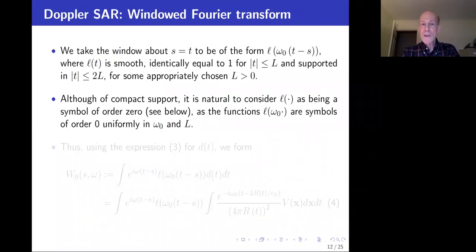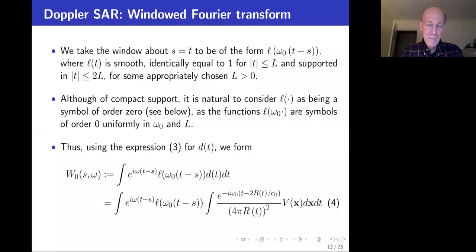This is just like when you do a Littlewood-Paley decomposition, or you localize in microlocal analysis to a frequency shell of size 2 to the k for some large value of k. Those Littlewood-Paley cutoff functions are really a family of functions which are a bounded family in the space of symbols of order 0. Each one, by being of compact support in the frequency variable, is actually a symbol of order minus infinity, but the entire family behaves uniformly like a family of symbols of order 0, and that's the way we will treat it in the analysis.